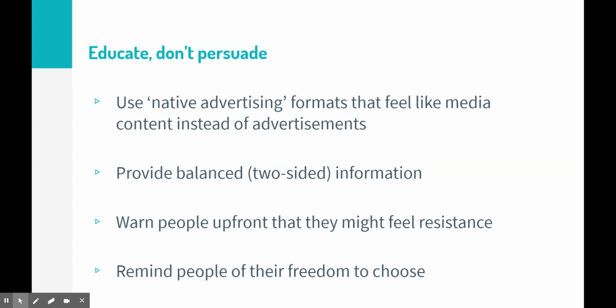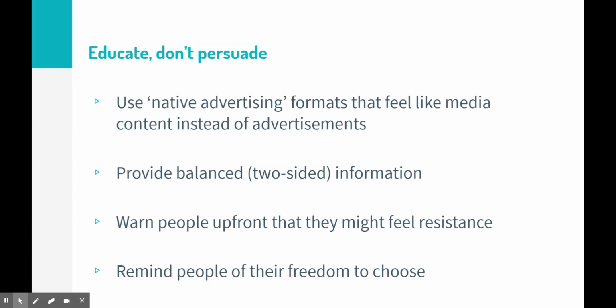And I've provided some ways to do that. One way was to really design your message as normal media content. The second one is to try to provide balanced two-sided information.